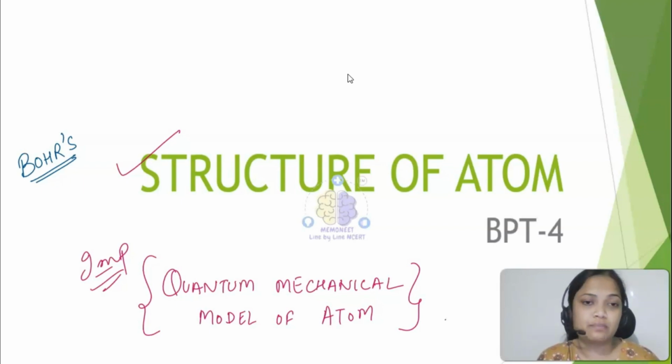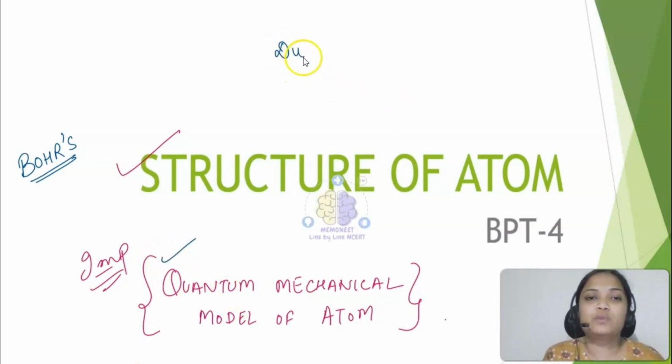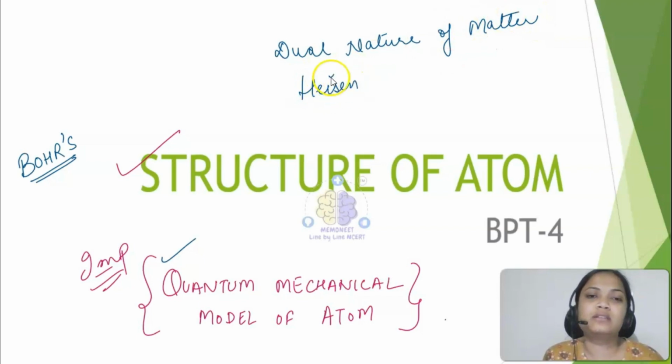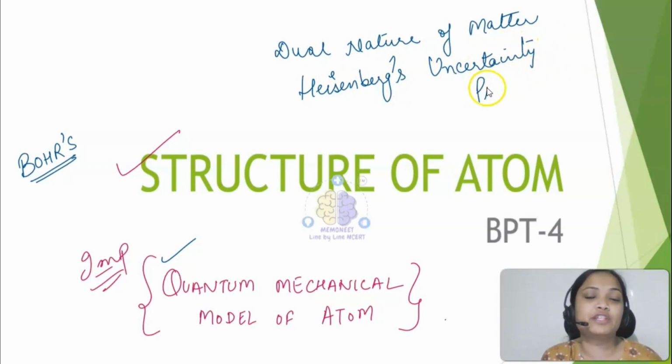There were certain developments that led to the quantum mechanical model of the atom, and those two developments were the dual nature of matter and Heisenberg's uncertainty principle. So you might have heard of these terms also. In the last lecture we discussed the dual nature of radiation.